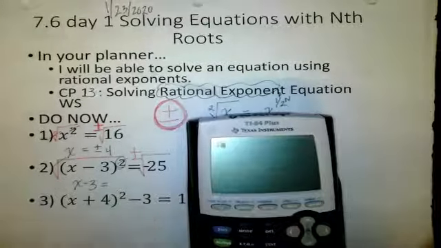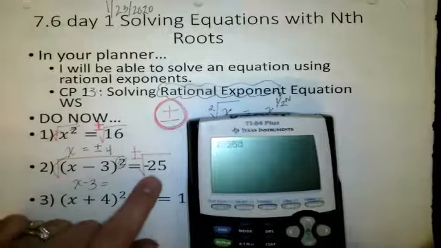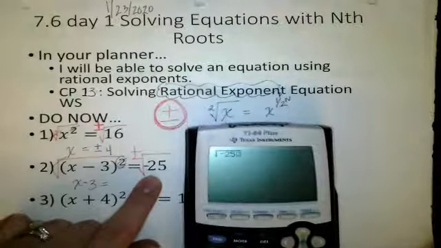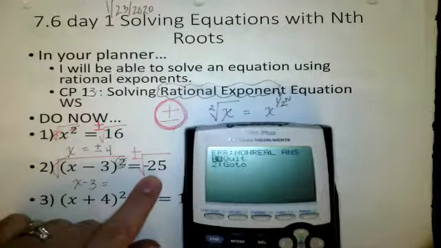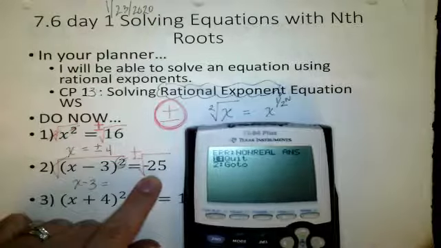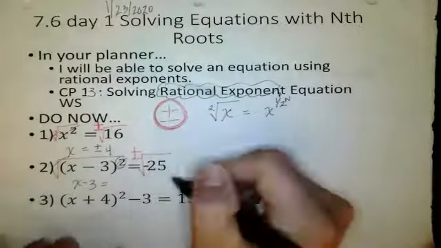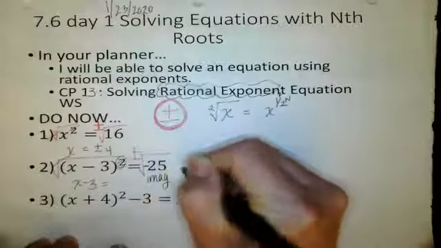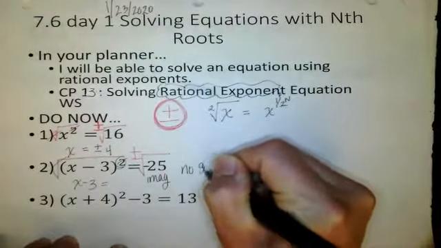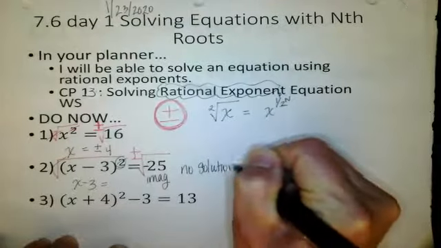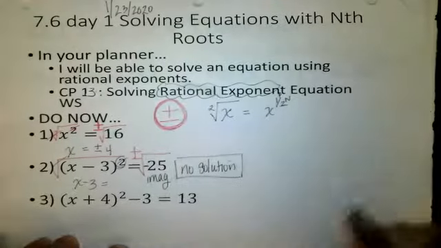Let's see, the square root of negative 25. What's going to happen? Imaginary, non-real answer. We cannot take the square root of a negative number. It's a non-real answer. So we're going to say imaginary. This one has no real solution, no solution. All right, so we're going to pay attention for no solution answers today.